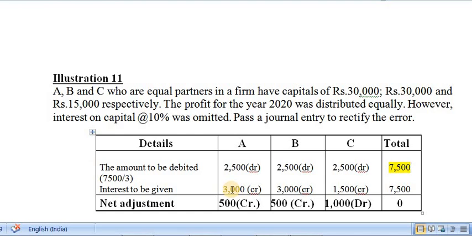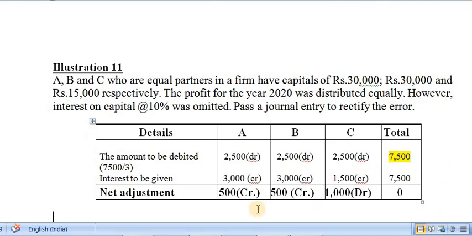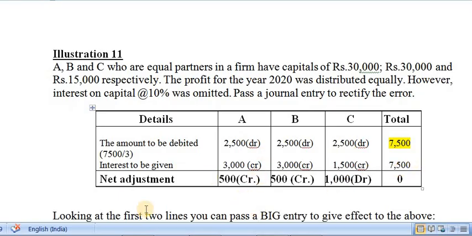Giving somebody means credit. Credit A 3,000, B 3,000, C 1,500. So what is the net result? 2,500 debit and 3,000 credit means A should be credited with 500.